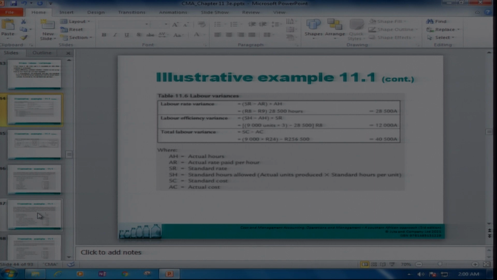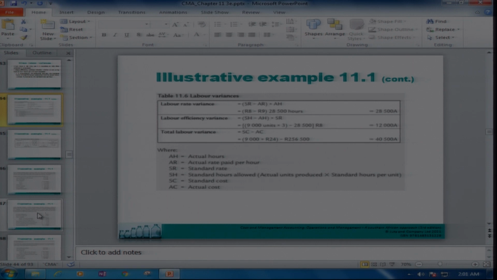According to the information, 9,000 units were manufactured, and according to the budgeted information, we needed 3 hours to manufacture a unit. That is why we have the 9,000 multiplied by 3. So you can say 9,000 multiplied by 3 minus the actual hours of 28,500. That will give you a difference that you then multiply with the 8 rand to get your 12,000, which is your variance. The variance, again, is unfavorable.